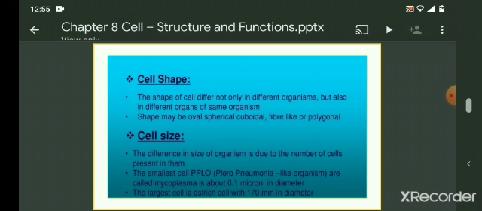The smallest cell throughout the world is a bacterial cell, which is 0.1 to 0.5 micrometer, whereas the largest cell is the ostrich egg. Egg is itself a single cell and its dimensions are 170 millimeter by 130 millimeter.